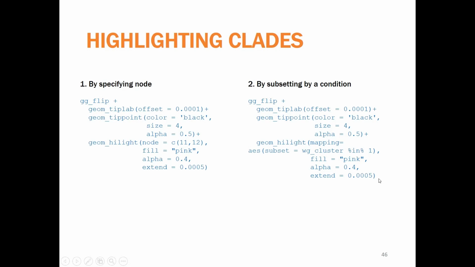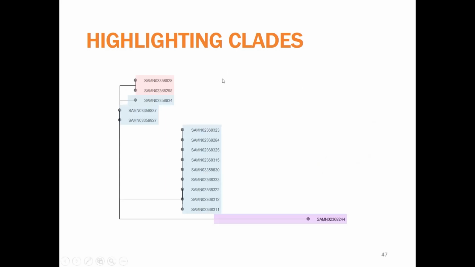So that comes out with pretty much the same answers when you do that. And then I highlighted based off of the other clusters. So this is cluster 1. I highlighted cluster 2 as blue. And this other cluster 3 that's on its own, I highlighted purple. And the extend will just extend it a little bit past, so I have it covering the entire label.